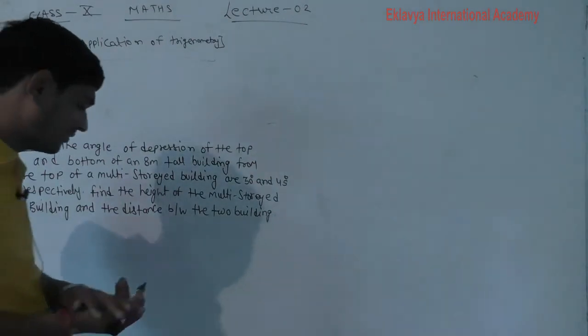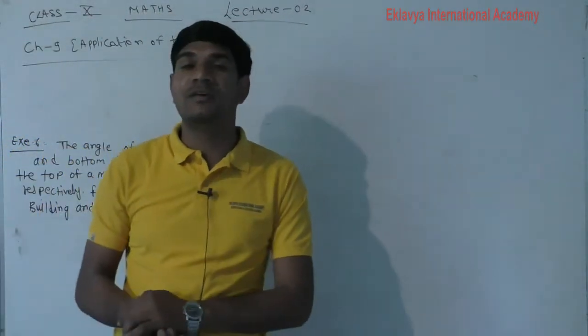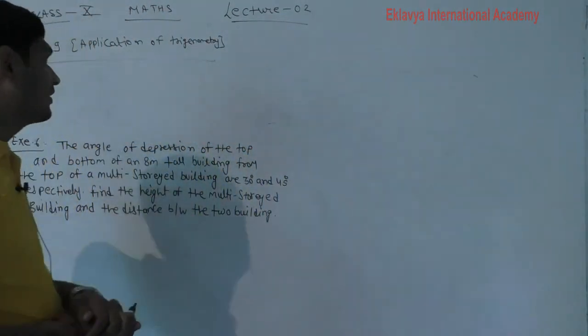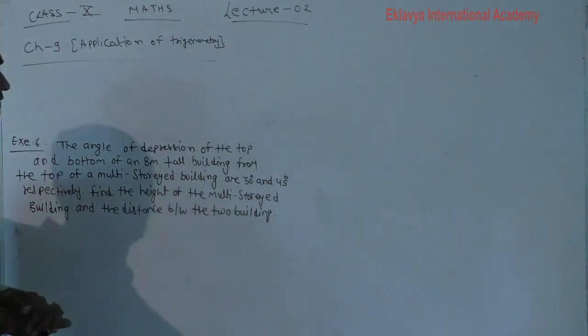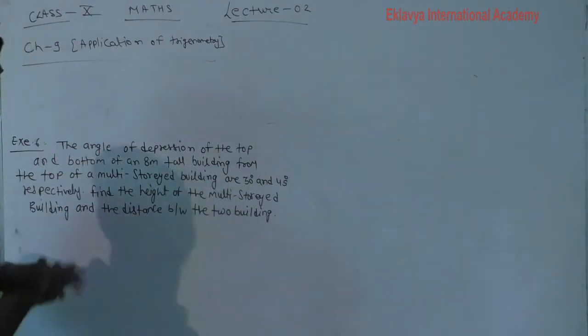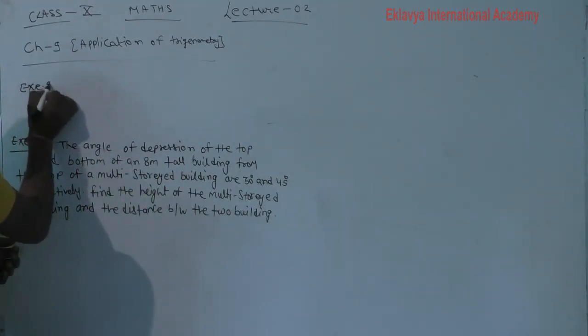So in the previous lecture we already discussed the basic questions based on the angle of elevation. In today's lecture we will discuss the question based on the angle of depression. Okay, so the question is example number second of your exercise 9.1.